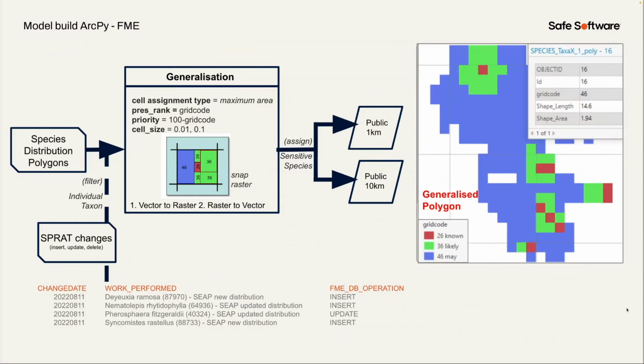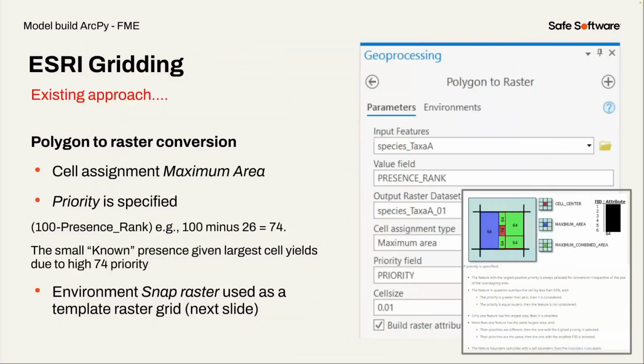So Esri gridding, for those familiar, this is the Polygon to Raster tool, and the key, very functional part of this is specifying the priority, which helped very much assign grids, particularly around some of the smaller occurrences with a high ranking. You want those to be given more weight.